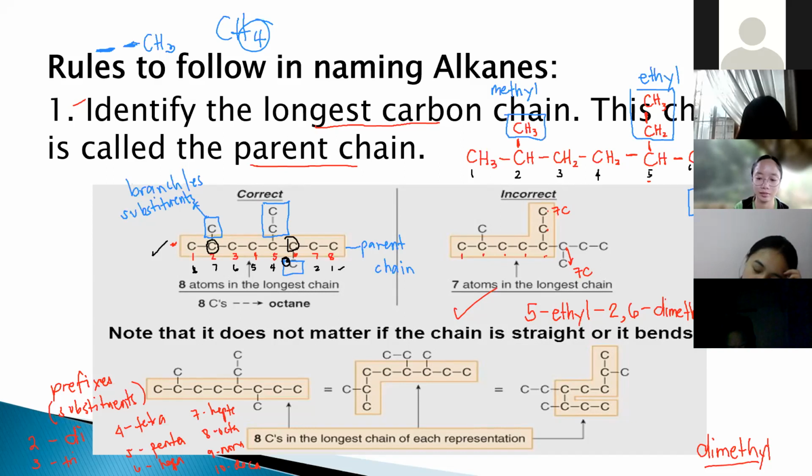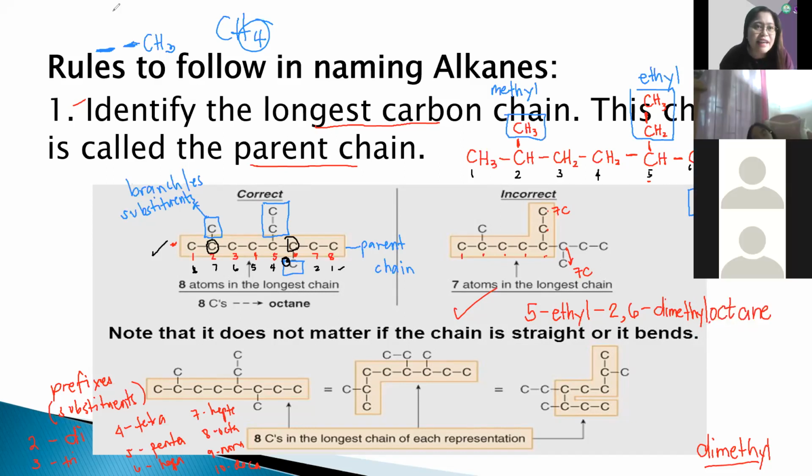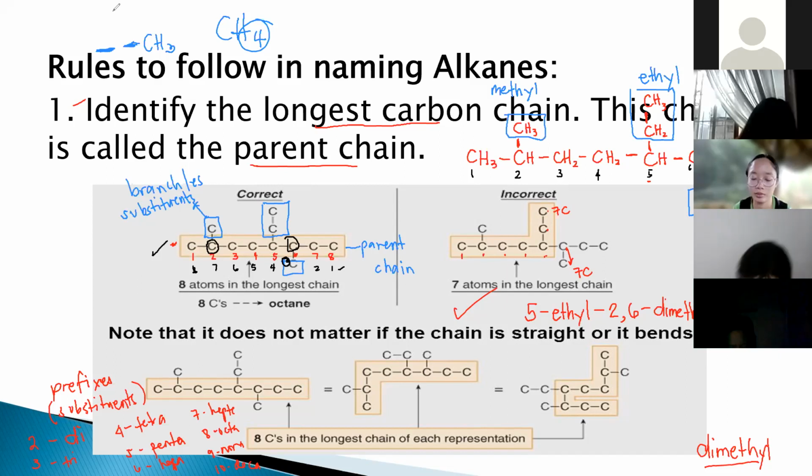Questions? Didn't I tell you this is entirely different from inorganic chemistry? People say inorganic is easier than organic, because in inorganic we just place the atom, sodium, and then its partner, and just change the ending to -ide. So if it's Cl, sodium chloride.